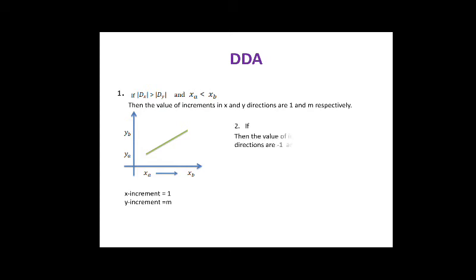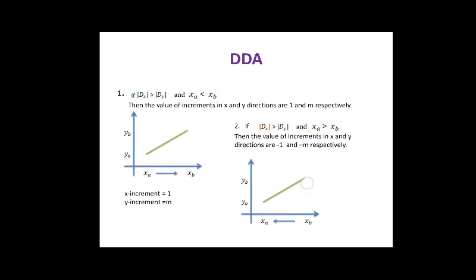Now suppose your dx is greater than dy, so the type of slope is a gentle slope, but the line is drawn from right to left. So here you can see that you are drawing the line from xb to xa. In that case, what will be the value of x increment and y increment? I am not incrementing x, I am decrementing x.